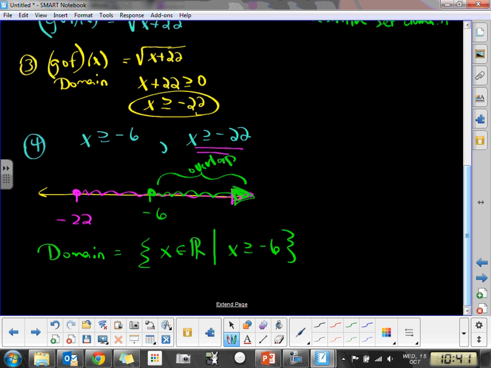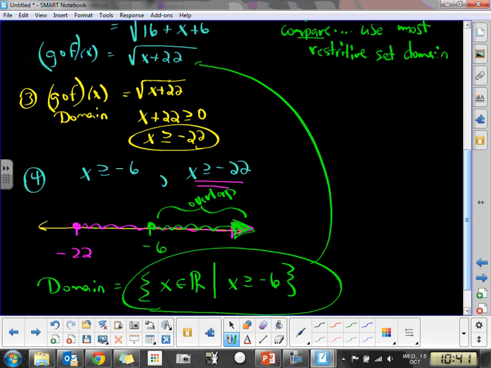In set builder notation, that is the domain of our composed function, the square root of x plus 22.